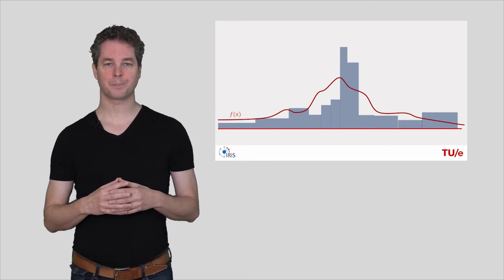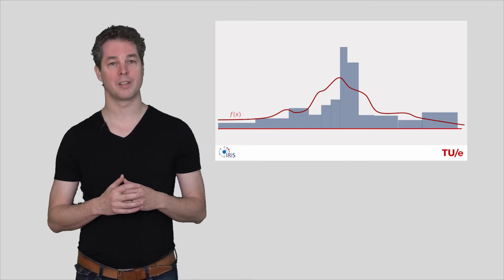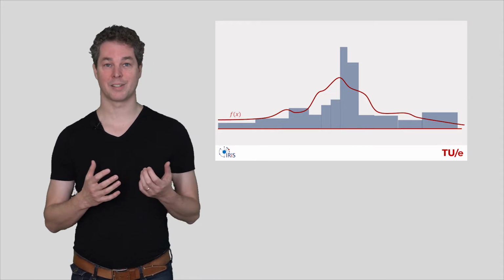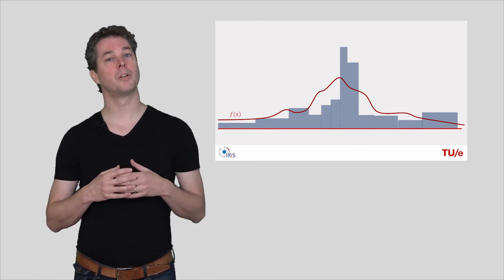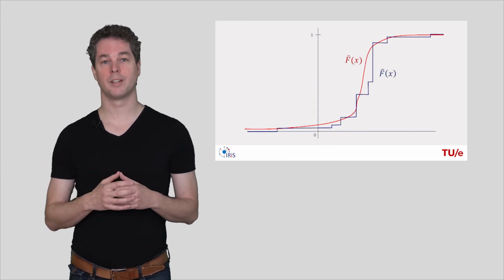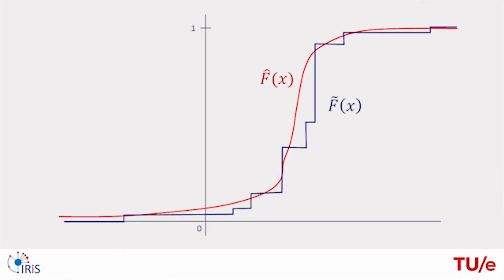The second type of test, the Kolmogorov-Smirnov test that I would like to discuss, does not determine the distance between the probability density function and the histogram, but between the cumulative distribution function and the cumulative distribution that is associated with the measurements. Let F hat be the cumulative distribution function of our hypothesized distribution.